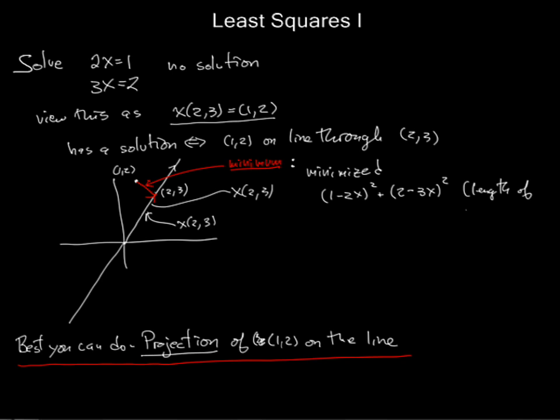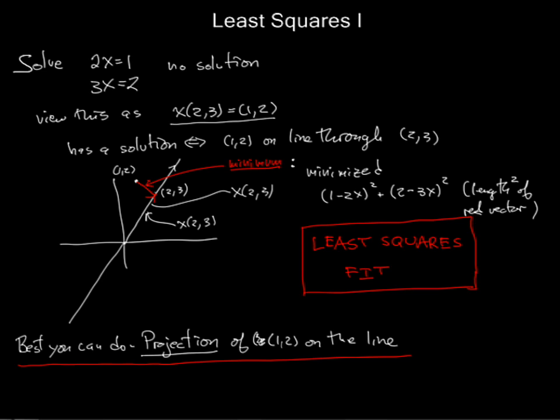And, well, that's the length squared. And for that reason, this technique is called least squares. We're trying to minimize the sum of these squares. And this is called the least squares fit, or the least squares method.